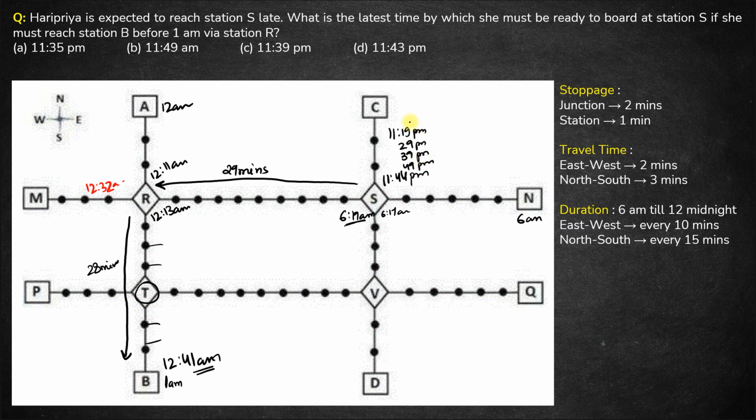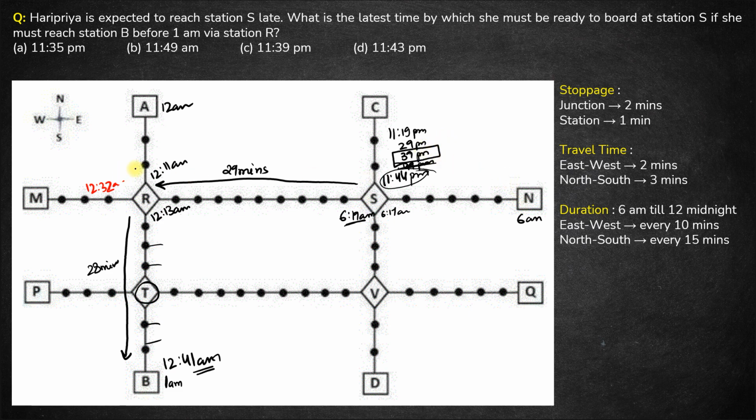Now the train leaving at 11:49 PM, if she boards this train, she will not be able to reach R at 12:13 AM, right? The latest she should start is 11:44 PM or before that. So the last train that she can board going from N to R will be at 11:39 PM. This is the last train that she can board from N to R.